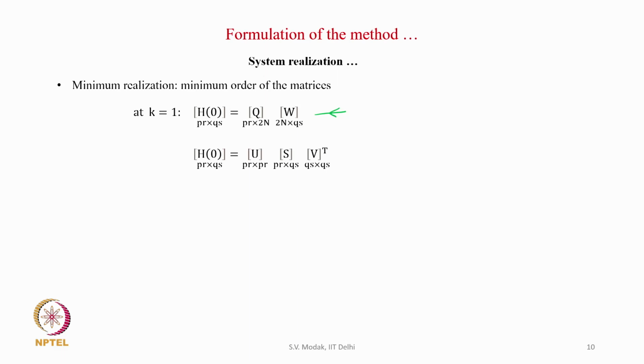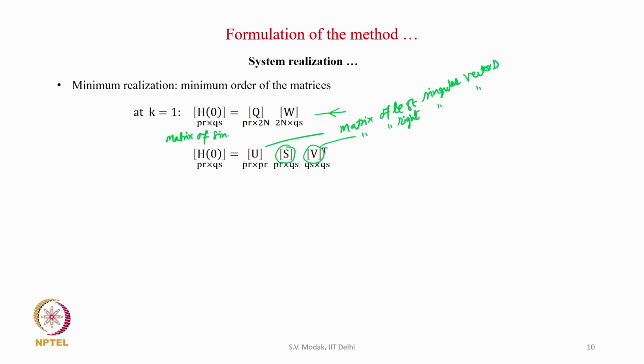You can see, earlier we have studied what singular value decomposition is. Here U is a matrix of left singular vectors, V is a matrix of right singular vectors, and S is a matrix of singular values.